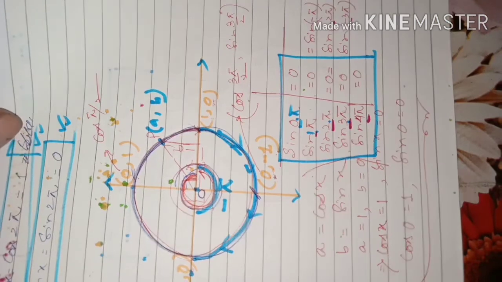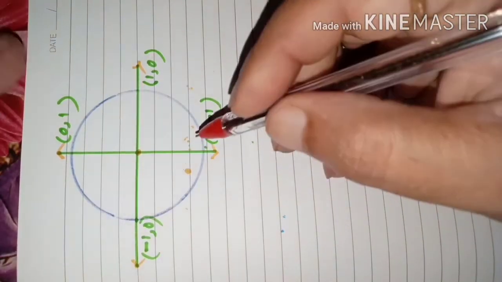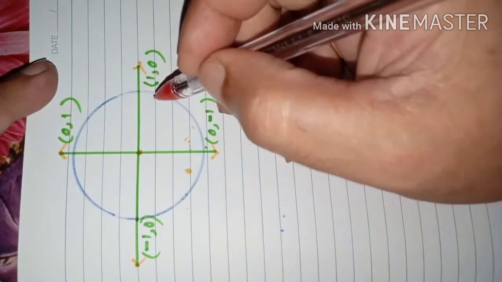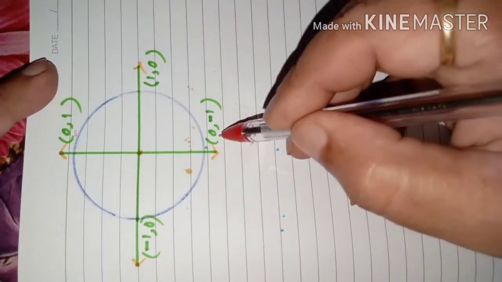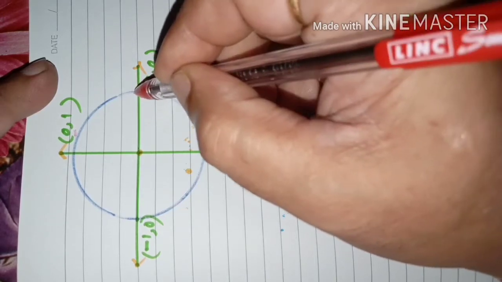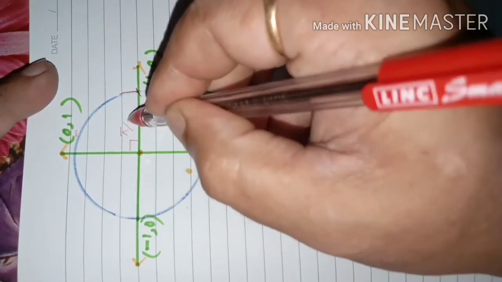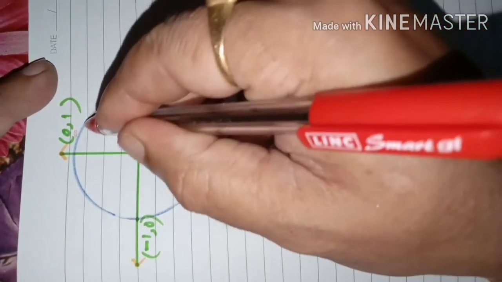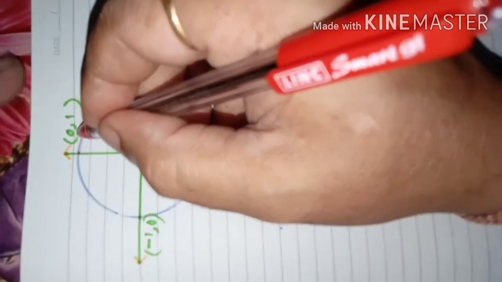Let me explain with a new diagram. What I was saying is that cos is 0 here and cos is 0 here. When this arc from its initial position makes an angle of pi/2 and reaches this point, cos value is 0 and sin is 1.